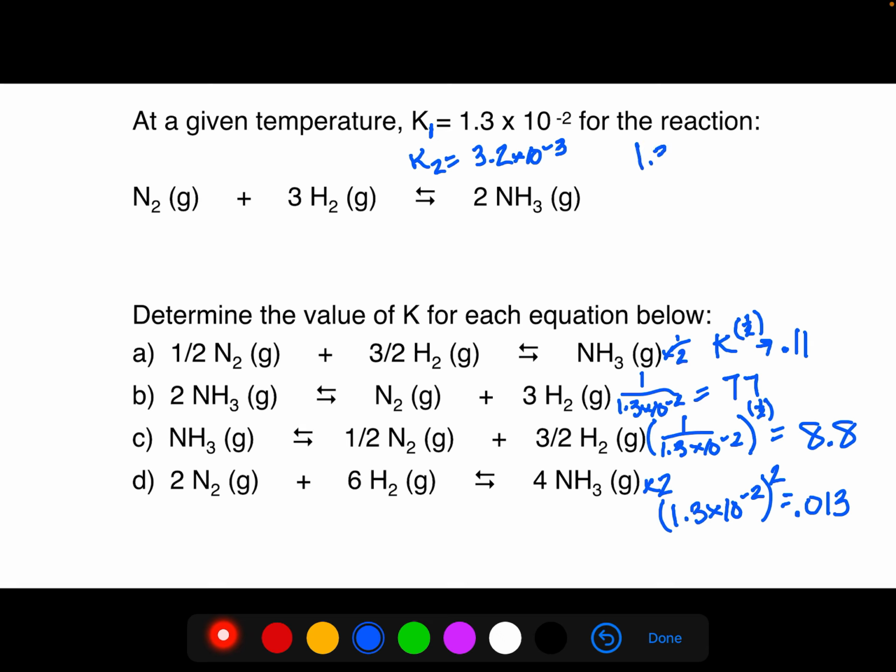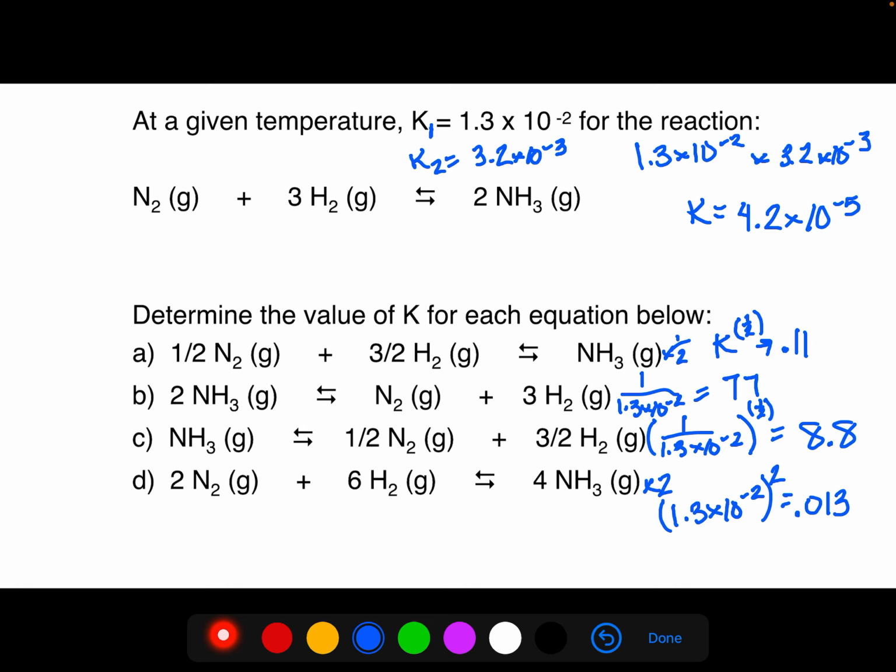Like we said, we would have to multiply those together. So we would have 1.3 times 10 to the negative second times 3.2 times 10 to the negative third. And our new K value, when we multiply those, would end up being 4.2 times 10 to the negative fifth.